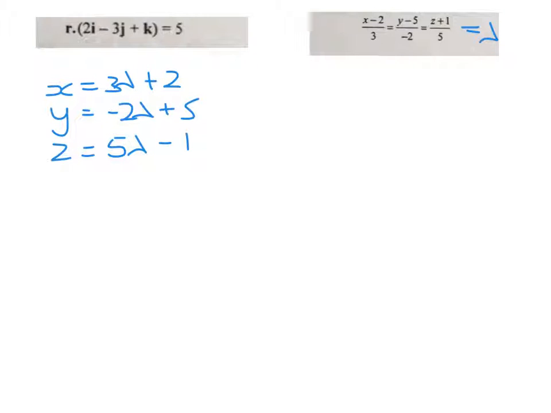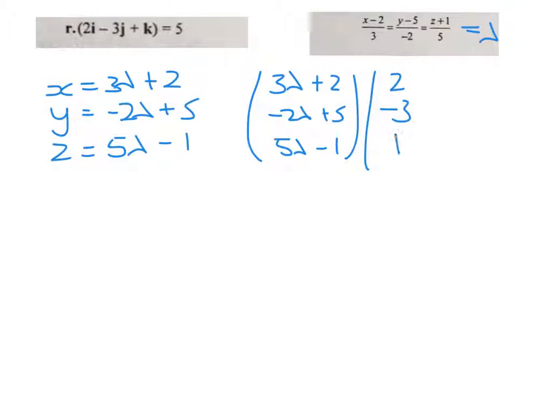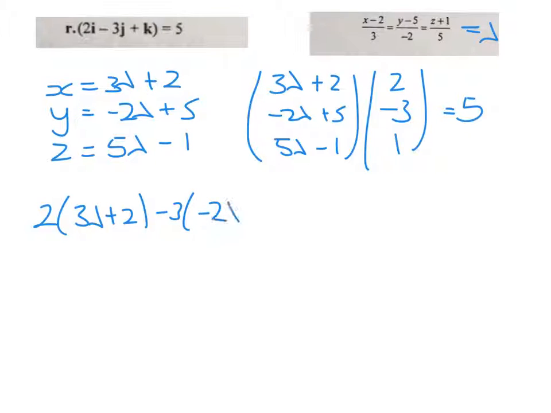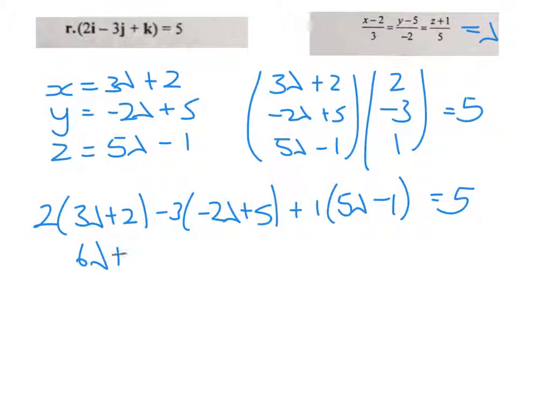I'm going to work now in column vectors, and if I replace the r with the x, y, and z, I know that when I do the dot product with (2, minus 3, 1), I have to get 5. So 2 times (3 lambda plus 2), minus 3 times (minus 2 lambda plus 5), plus 1 times (5 lambda minus 1) has to be 5. 6 lambda plus 4 plus 6 lambda minus 15 plus 5 lambda minus 1 has to equal 5.